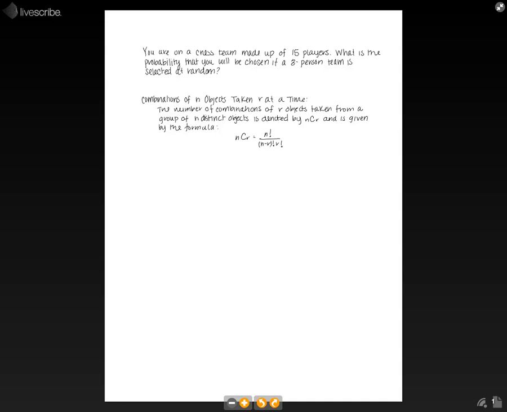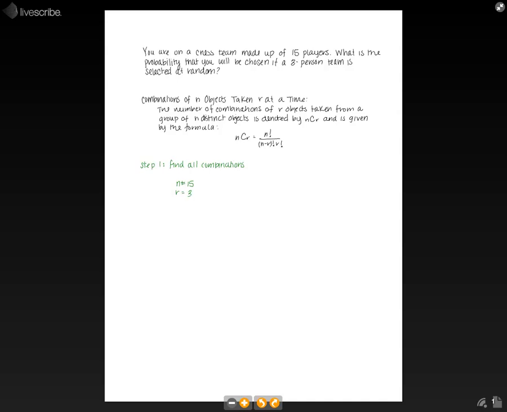Alright, so step 1 for this problem is going to be to find all the combinations. If we're wanting to find all the combinations of a 3-person team, we know that we have 15 total players, so our n is going to be equal to 15, and our r is going to be equal to 3.